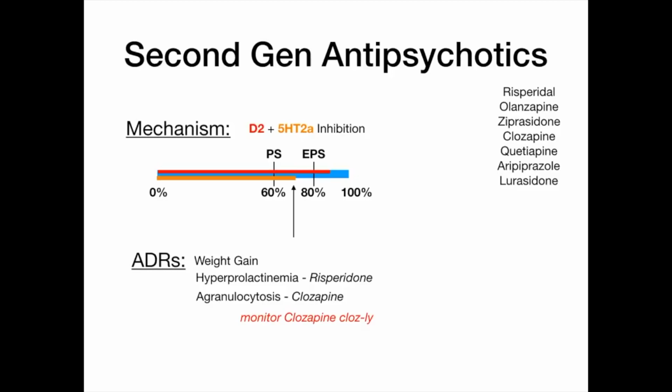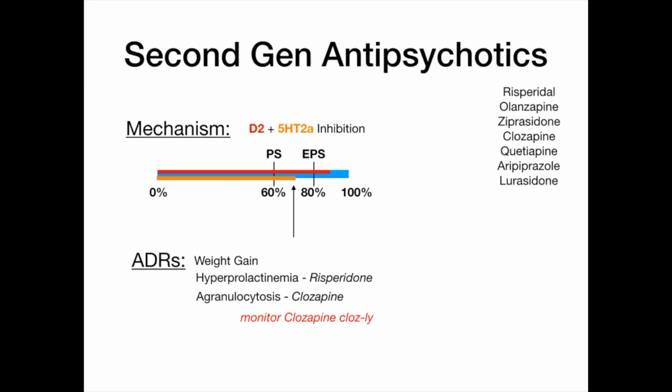Now, the funny thing about clozapine, little clinical aside here, is that it is the most effective antipsychotic that we have, but because of its side effect of agranulocytosis, it's often reserved for refractory cases. So that's sort of high yield. You might get pimped on that when you're on your clerkships. But for USMLE and COMLEX, know the agranulocytosis. Sometimes they like to ask you what tests you need to order if you're going to start them on this drug. The answer would be a complete blood count, a CBC.